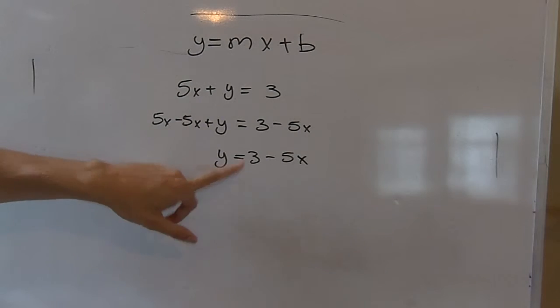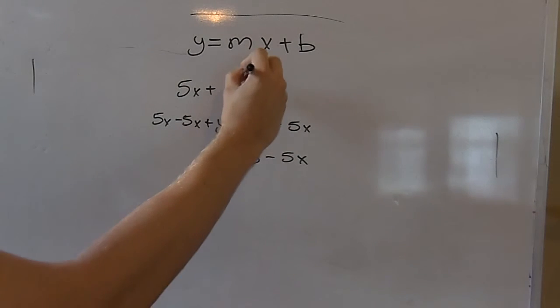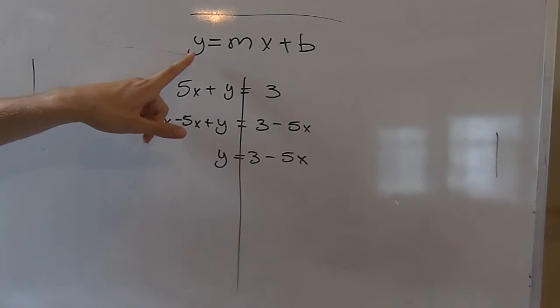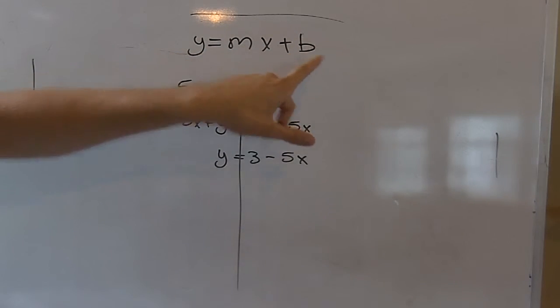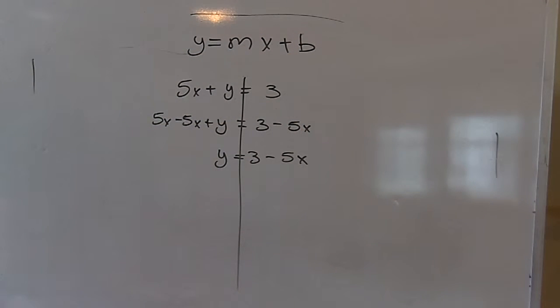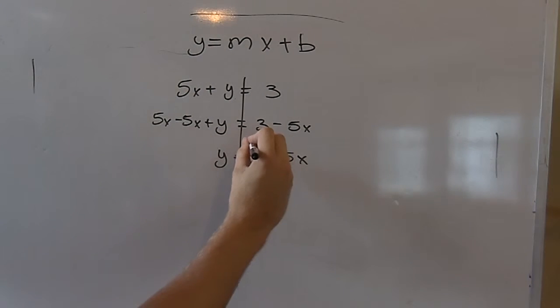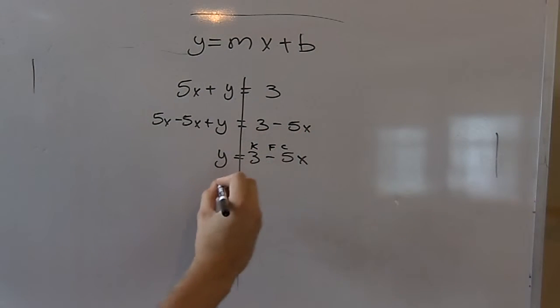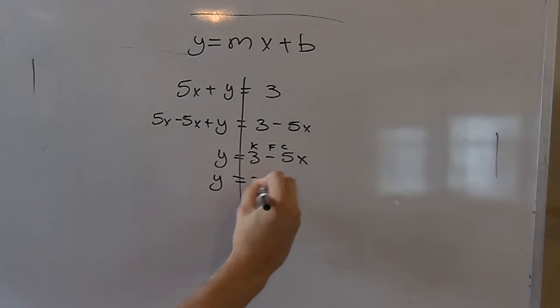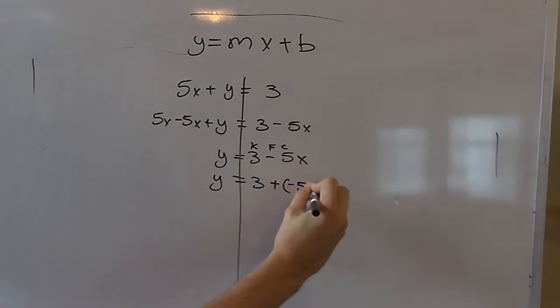Now remember, slope-intercept form is y equals mx plus b. So just to make sure you get everything accurate, negatives and positives do make a difference here. I always keep flip change or add the opposite when I see subtraction signs. So I'm going to keep flip change or KFC that. And we get y equals 3 plus negative 5x.